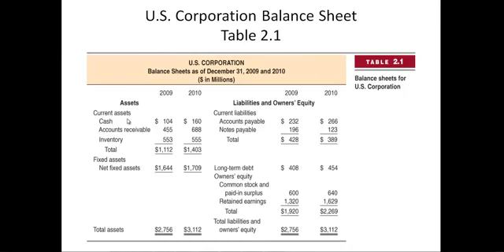The way the balance sheet is laid out is that we start with the most liquid assets, cash being the most liquid. It's already cash. And then accounts receivable, inventory, and then we move to fixed assets, plant and equipment, land, things like this. This is a simplified balance sheet.